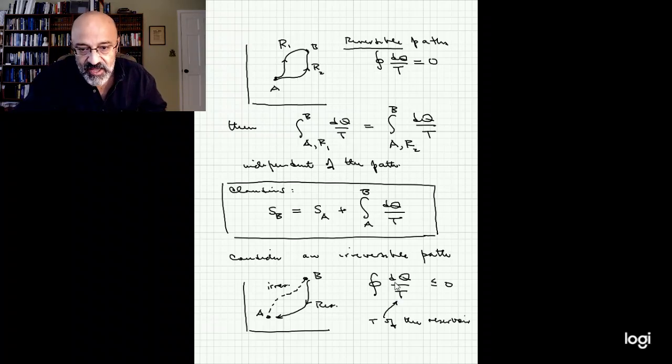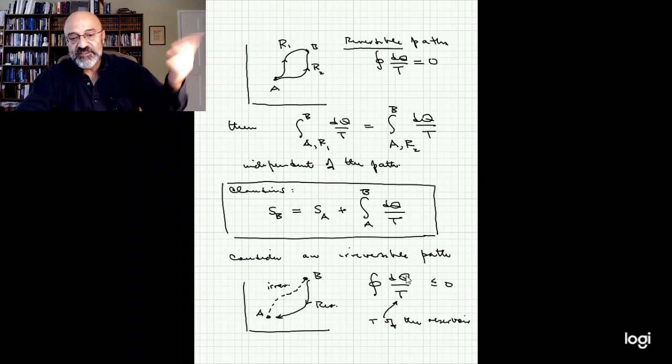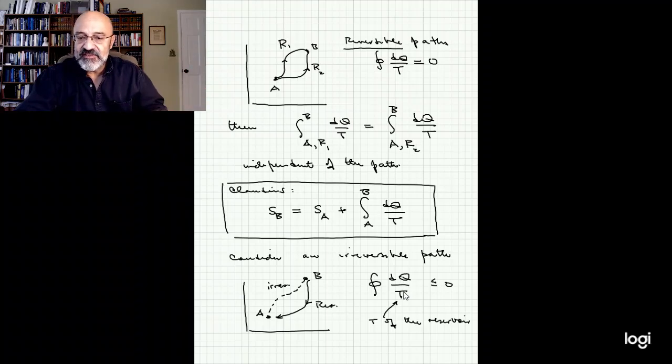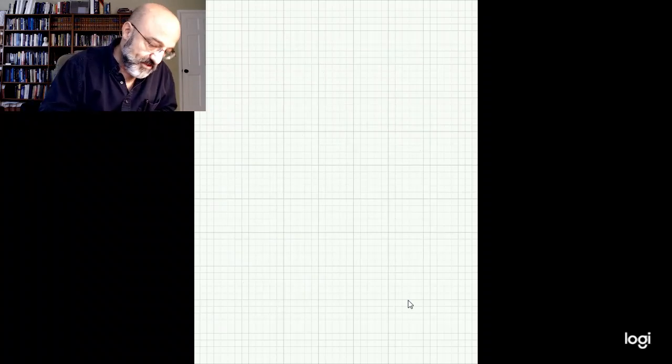That's why computing a quantity like this makes sense even when the system is undergoing an irreversible process. You check the reservoirs, how much heat they're providing, divide by the temperature, and proceed.